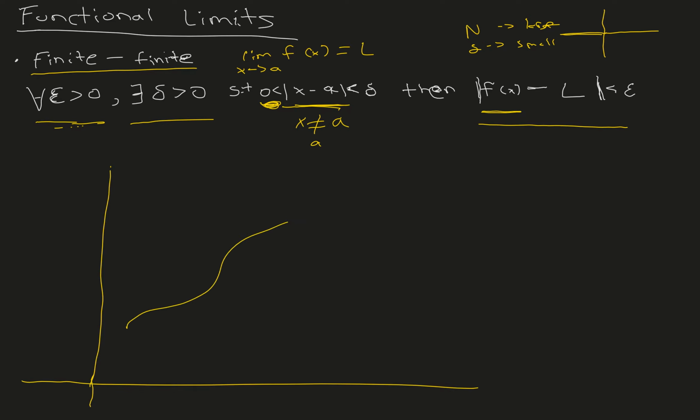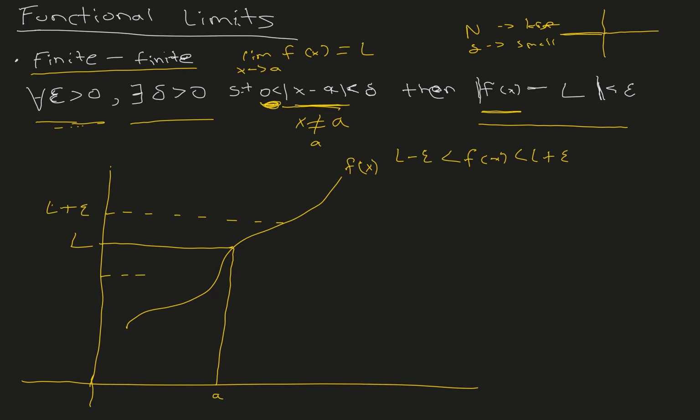So if you have this random function right here, and we have this as our L, and therefore we'll have this as our a, and therefore since the modulus of f of x minus L less than epsilon can be written as f of x being between L minus epsilon and L plus epsilon, and remember this is our f of x, this line here, we can have L plus epsilon and L minus epsilon, and the modulus of x minus a less than delta can be written as x being between a minus delta and a plus delta.